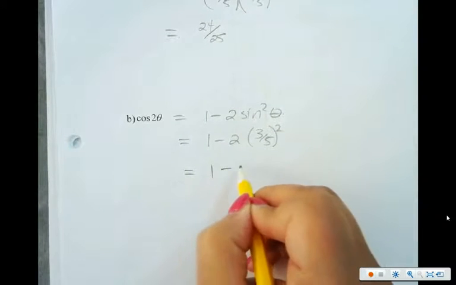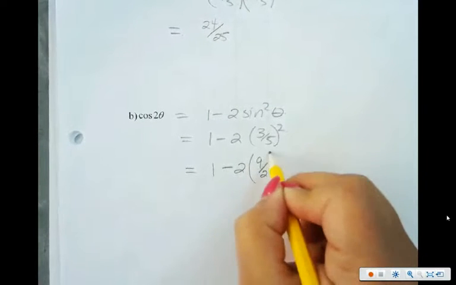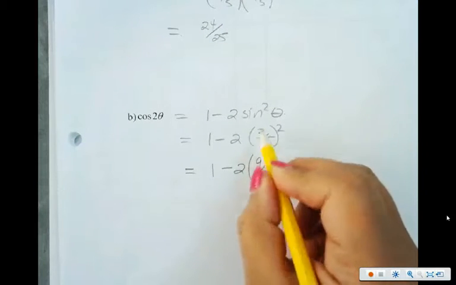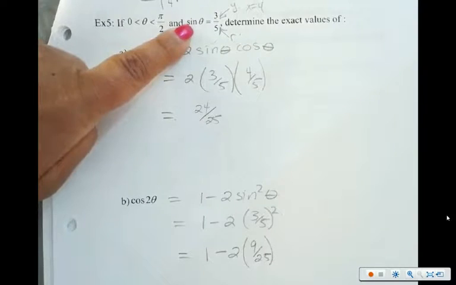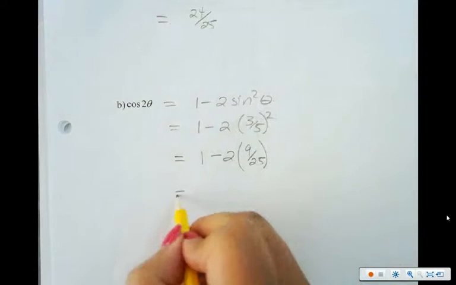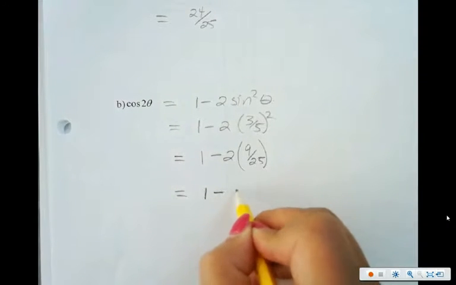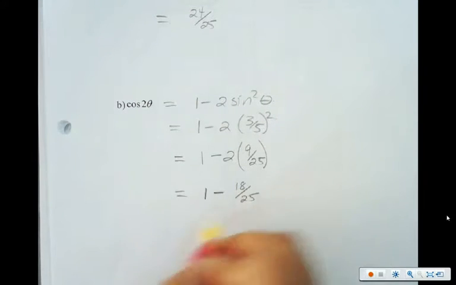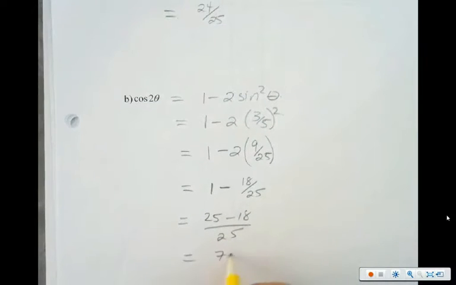Do you see the rationale behind that? If I just treated them as 2 completely separate questions, I wouldn't have to figure out anything extra if I just use this one, because I'm given sine theta equals 3 over 5 here. If you use one of the other identities and use what we found for cos, it should work out the same. 1 minus 18 over 25. 25 minus 18 over 25 equals 7 over 25.